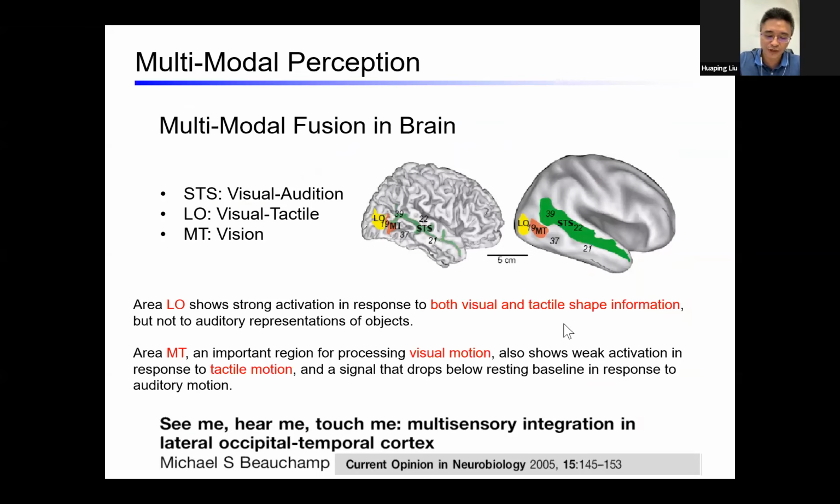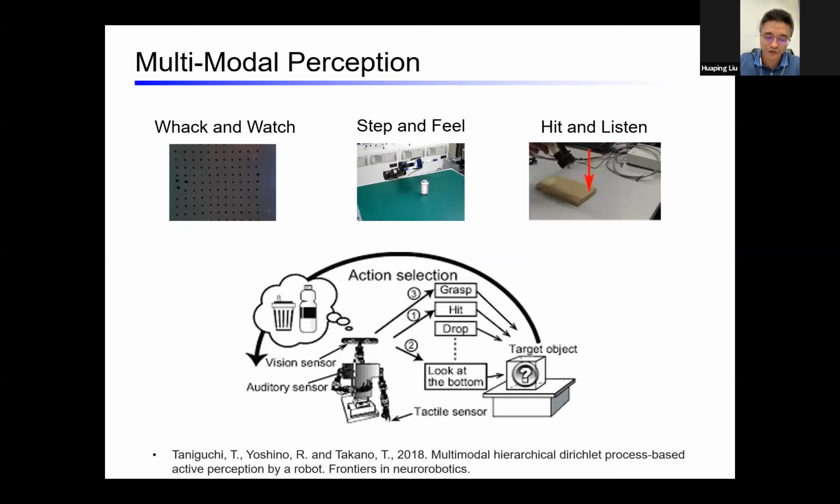For example, there are a visual-auditory fusion processing area, a visual-tactile fusion processing area, and a visual-auditory-tactile fusion processing area. However, in practical situations, we do not always use all the modalities simultaneously for perception.